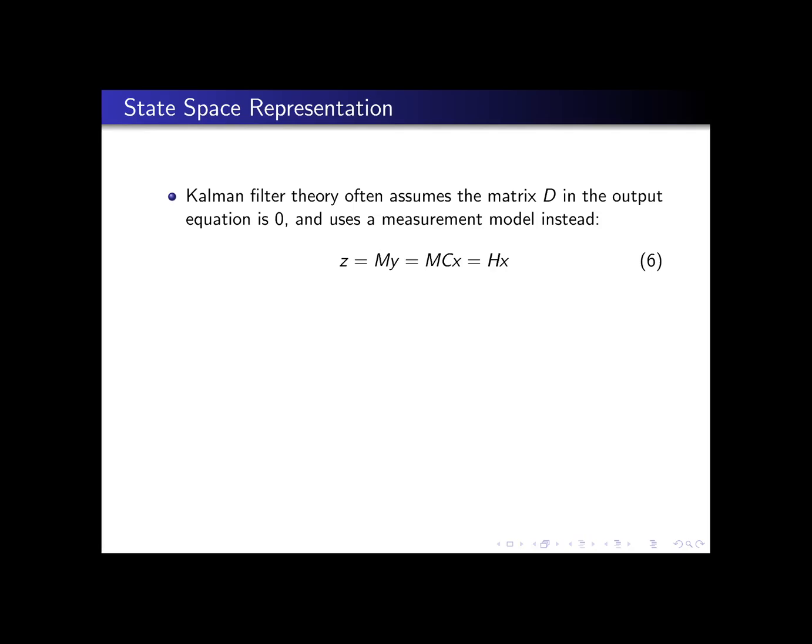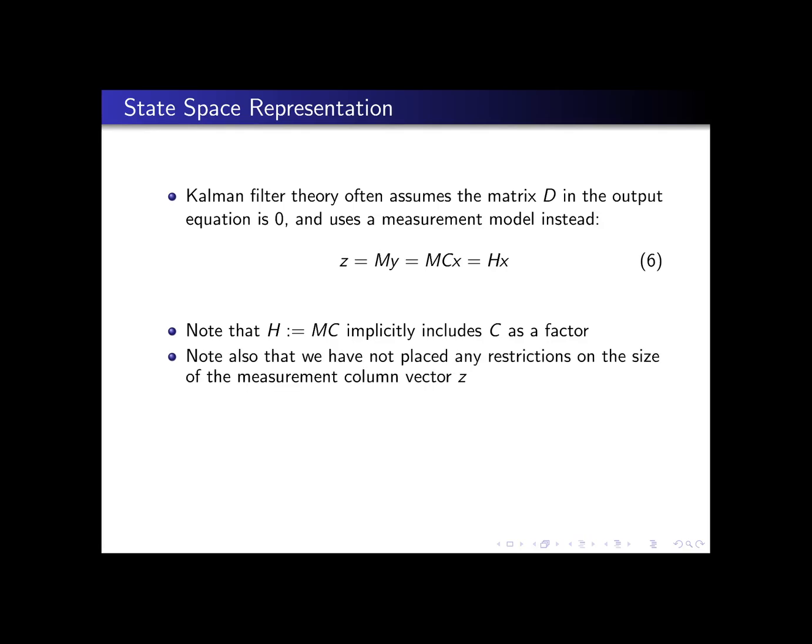Kalman filter theory often assumes that the matrix D is in fact 0 and uses the measurement model instead of the output model. So there's another matrix M which when you multiply it times y will give you this measurement vector z. So y being C times x, you can then multiply M times C, and the matrix H is often used as the actual measurement matrix.